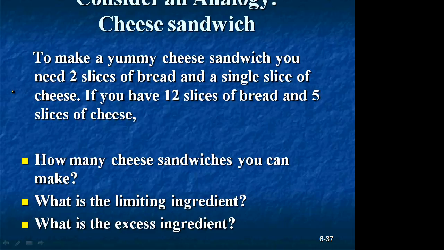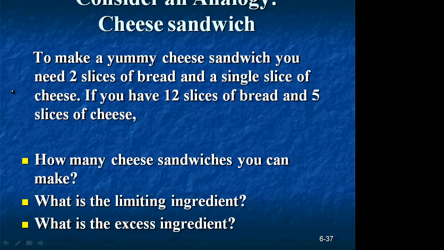When you make 5 sandwiches, you used all the cheese slices you were given. So what is the excess ingredient? Bread. Of course, after you make 5 sandwiches, how many slices of bread will be left? 2 slices of bread will be left, because you had 12 slices to start with, right?